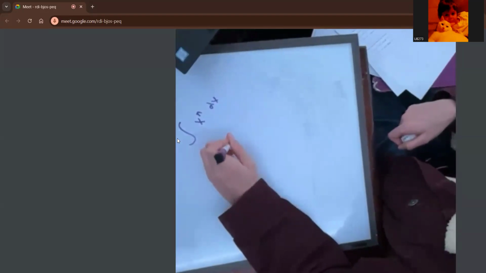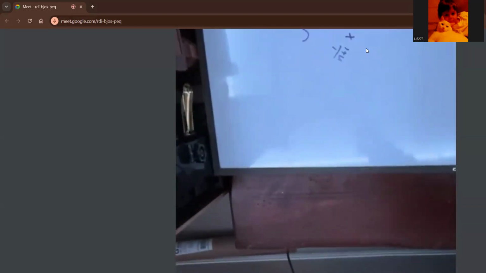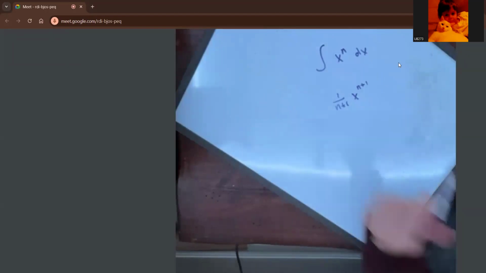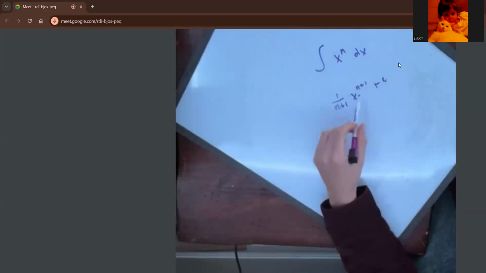It ends up like this. Sorry about that. I don't have a very good setup here. But that's what we have because you end up adding the exponent.